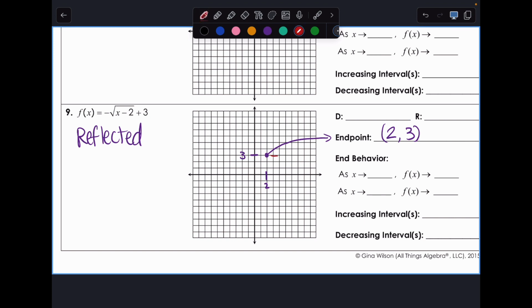The endpoint. Isn't it here? What's the y value here? 3. So it's reflected over y equals 3. It's no longer the x-axis where y equals 0. It is now y equals 3 where it's reflected over. Does that make sense? Okay, so I'm going to erase this and then properly graph it.